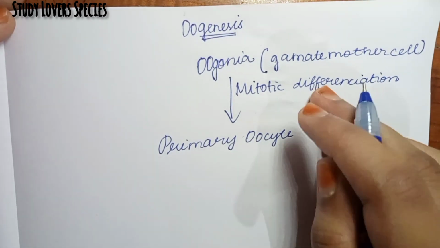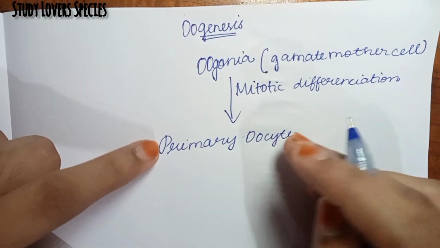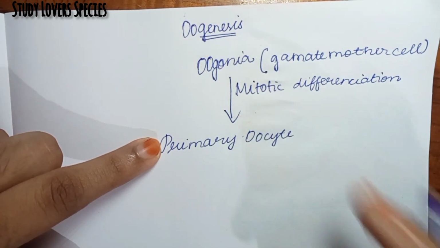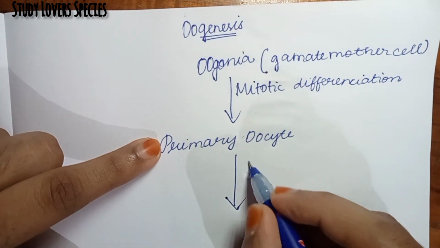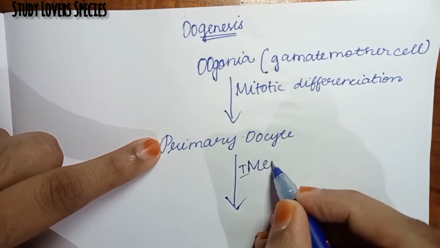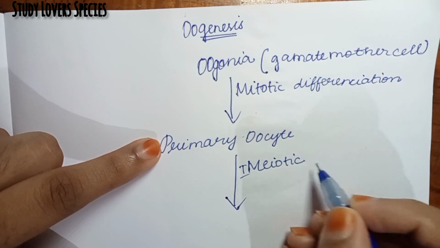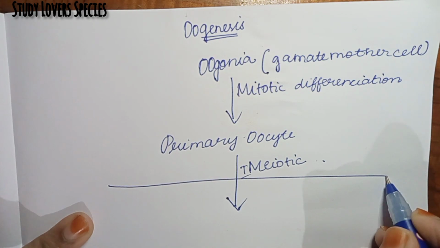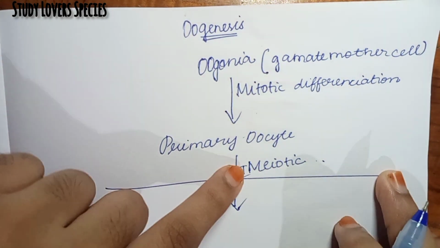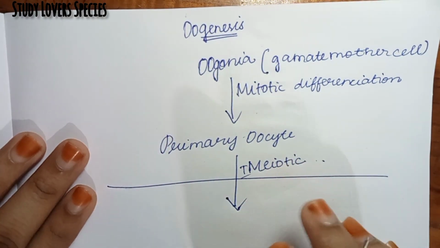I will explain how the primary oocyte looks shortly. This primary oocyte will undergo first meiotic division, but it will not continue, guys. It will be stopped.